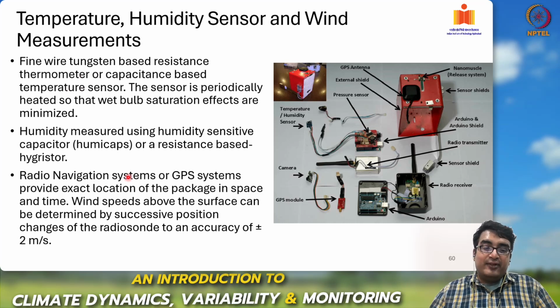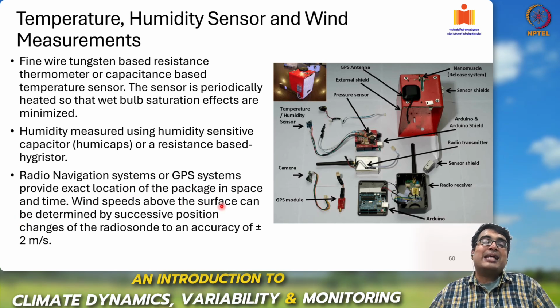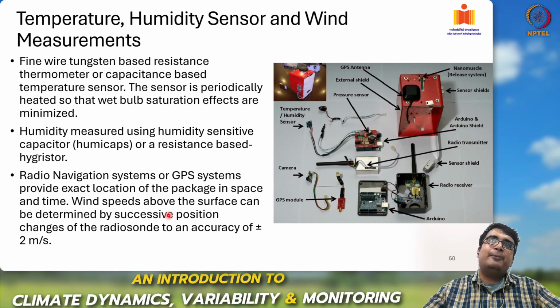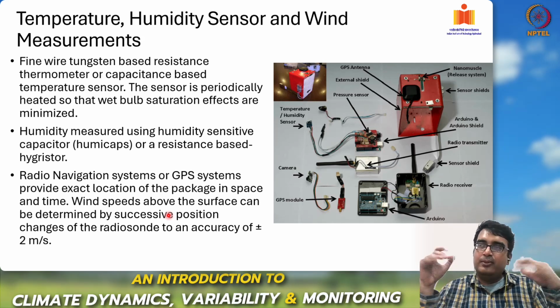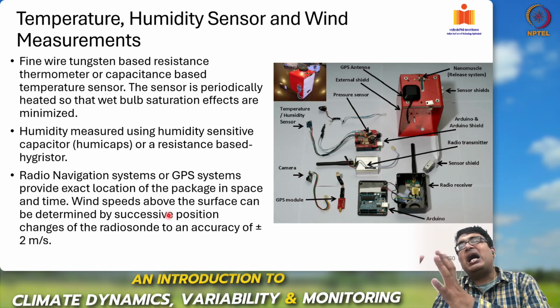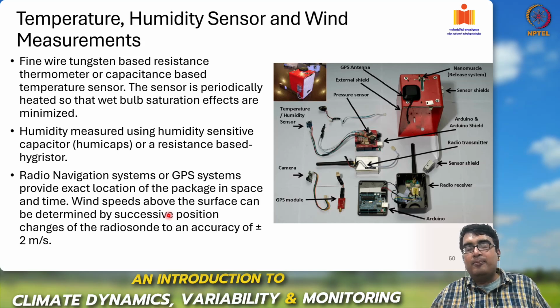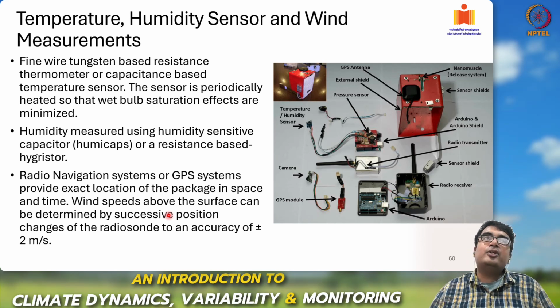The radio navigation systems or GPS systems, whichever is used, provide the exact location of the package in space and time. Wind speeds above the surface can be determined by successive position changes of the radiosonde. Because the balloon is being carried passively by the wind, you know the rate of ascent because of the buoyancy effect. Any other changes in the balloon's location in the zonal or the meridional direction are due to the presence of zonal and meridional winds.